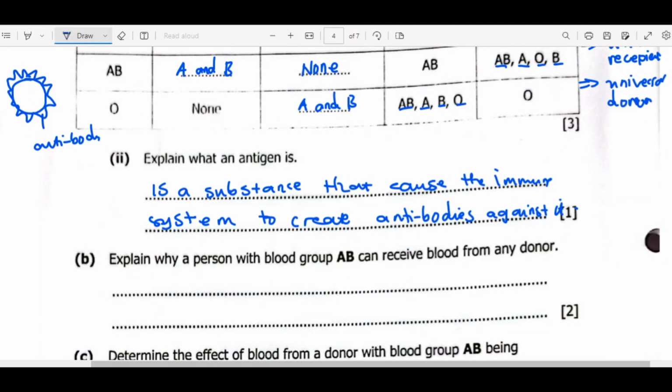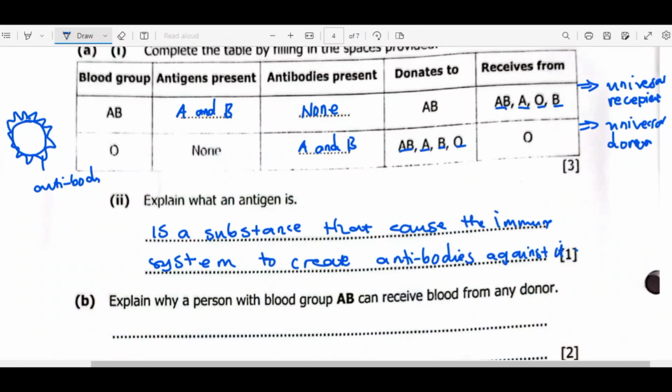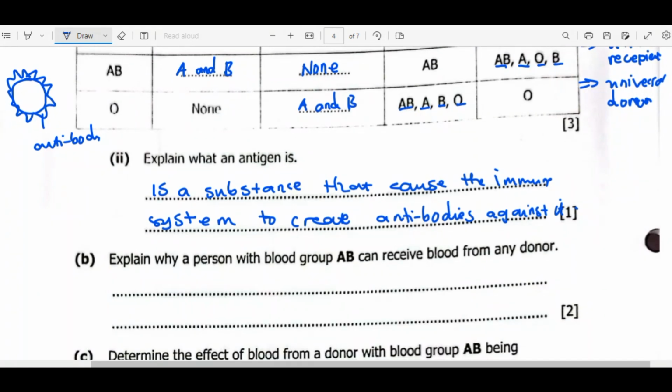Explain why a person with blood group AB can receive from any donor. So, if you look at what is present at antigens, since the blood group AB consists of antigen A and B, whatever blood that may come in will at least have an antigen that is exactly the same. So because of that, these people can receive from all 4 types.